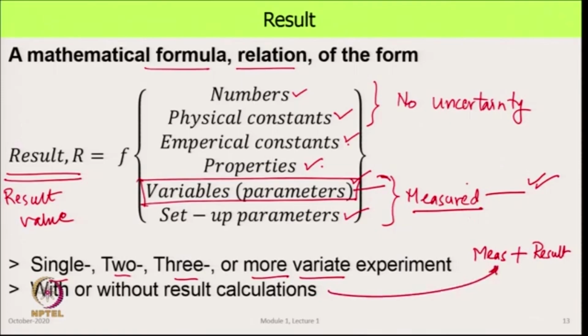So, we could only report measurements, or we could report a combination of measurements and results, or in the third case we could only report the result. So, that is what we do with this type of operation.